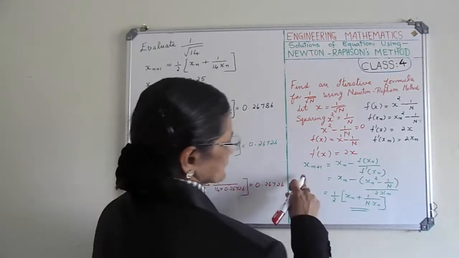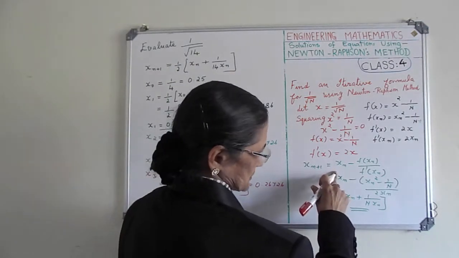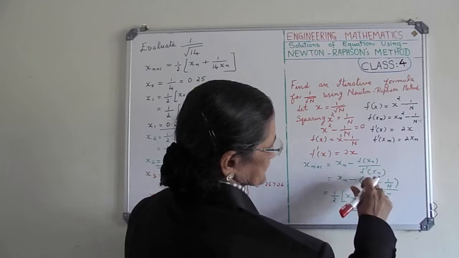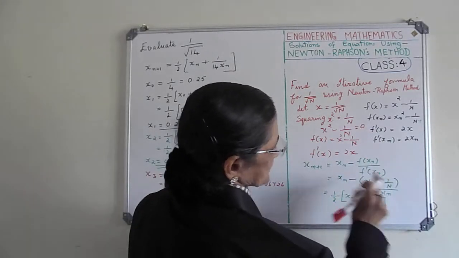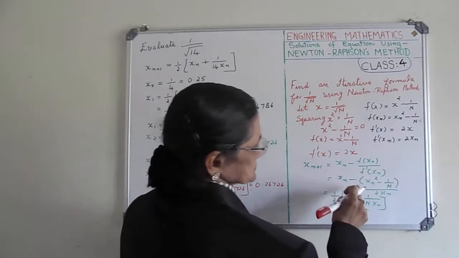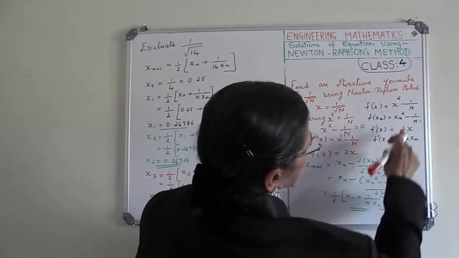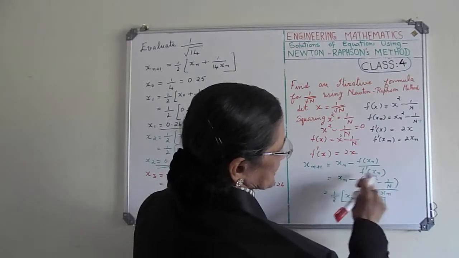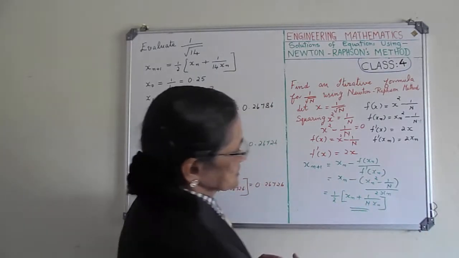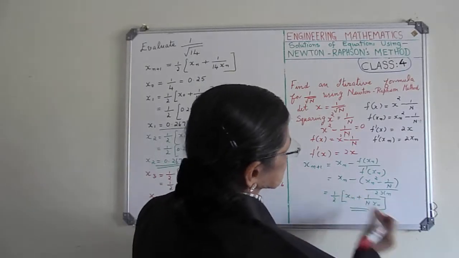Now here in this formula, x(n+1) is equal to xn minus f of xn upon f dash xn. We substitute f of xn and f dash xn. That is xn minus (xn square minus 1 by n), which is our f of xn, upon 2xn, which is our f dash xn. Now we can simplify this.